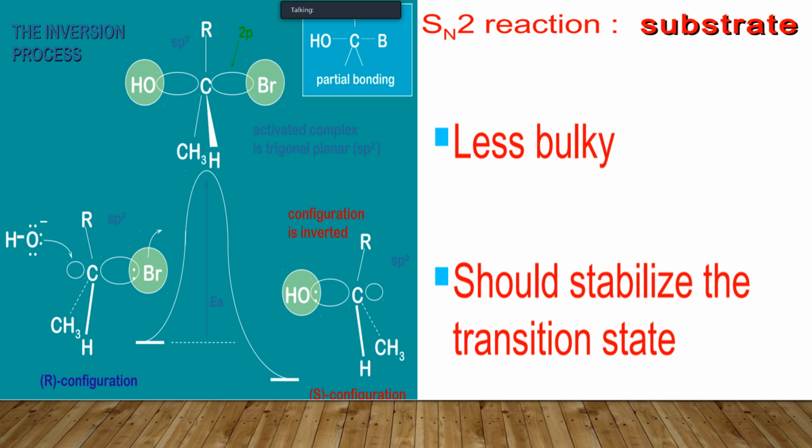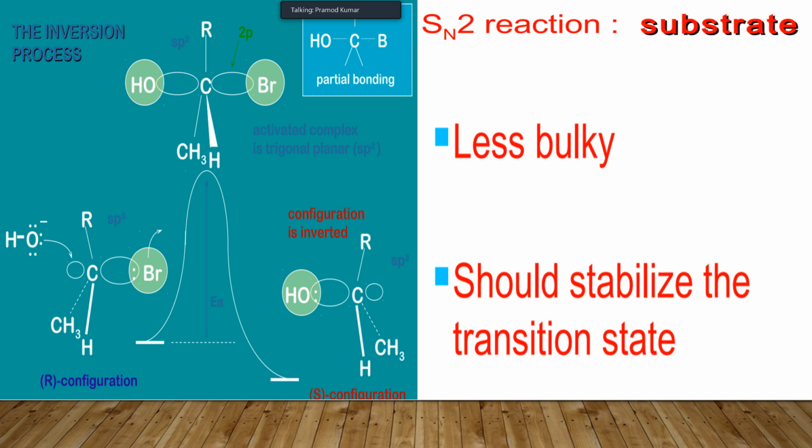So what happens in this case? Initially you have a compound of R configuration. When the nucleophile attacks, in the intermediate state an activation complex is formed which has a trigonal planar configuration.